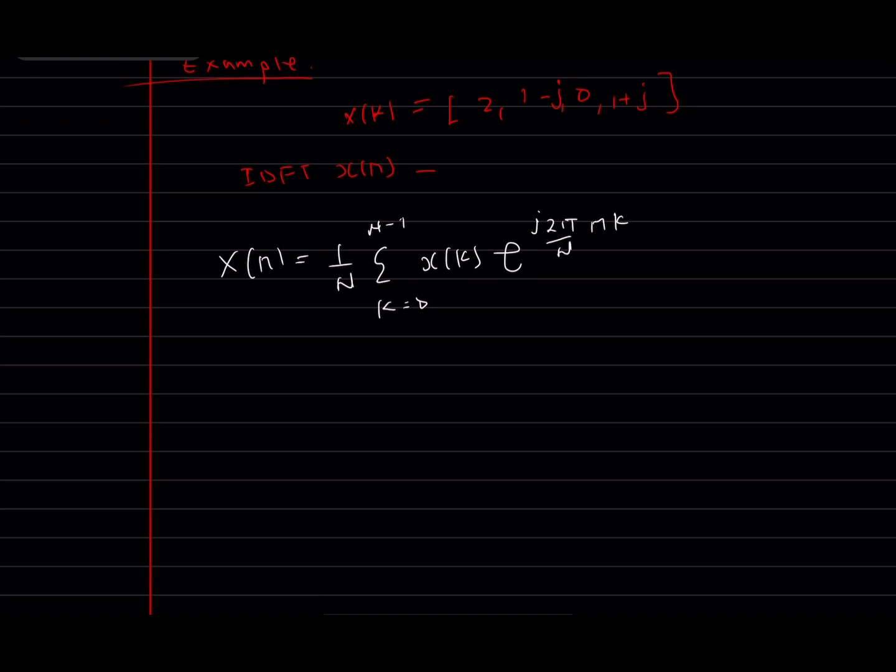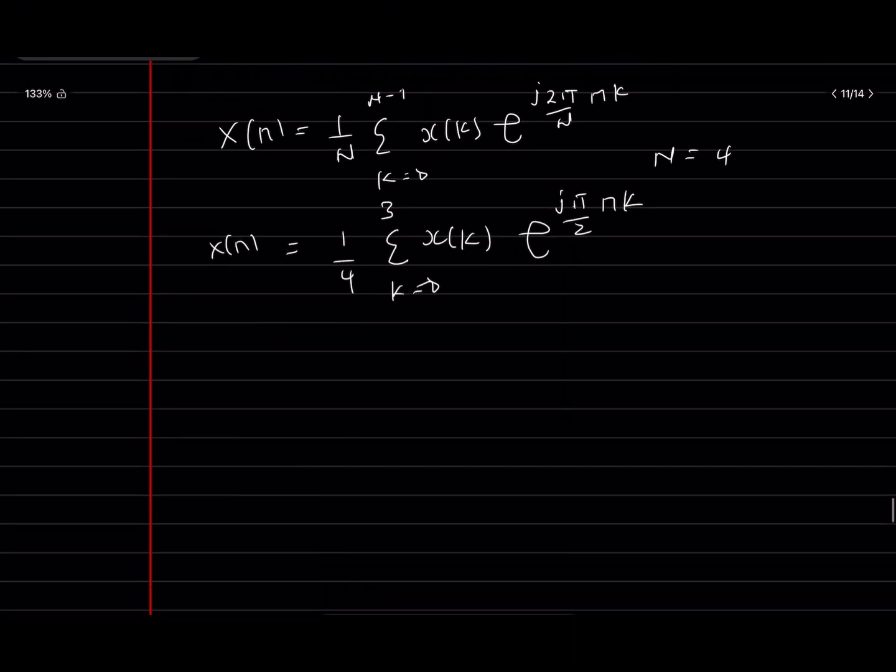For this, the total number of elements is equal to 4, and therefore we can write it as x of n equal to 1 over 4 summation of k equal to 0 to 4 minus 1, which is 3, of X of k, and then exponent, because it's 4, we are going to get j pi over 2 nk.